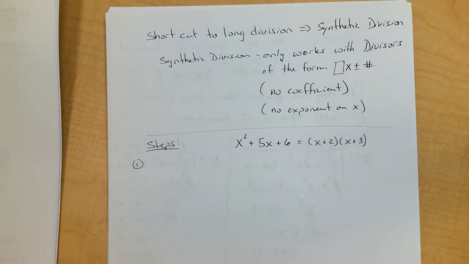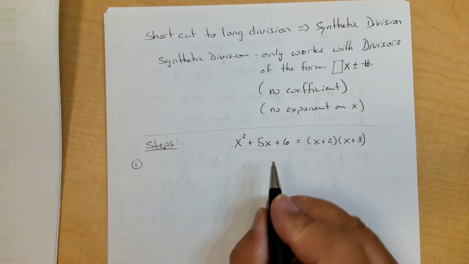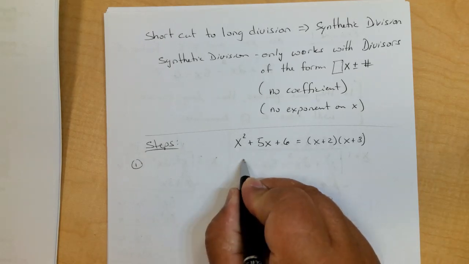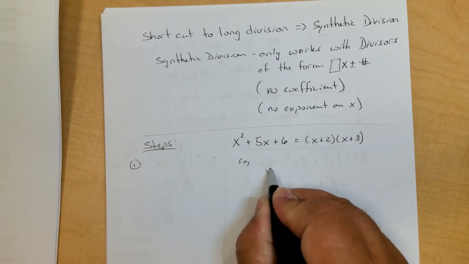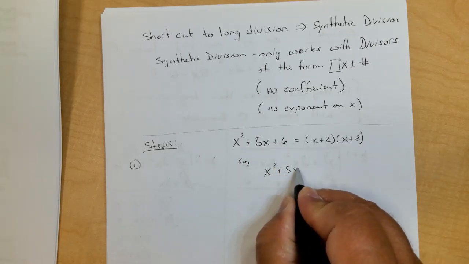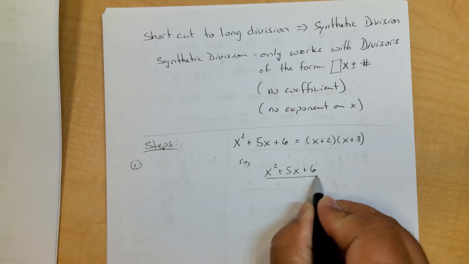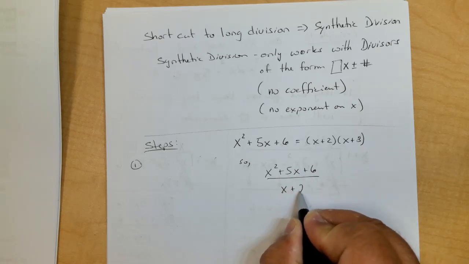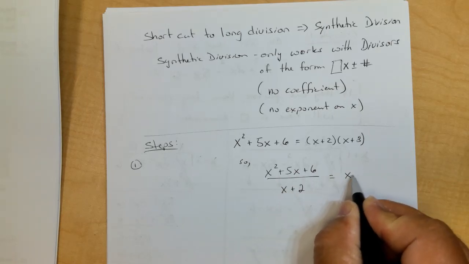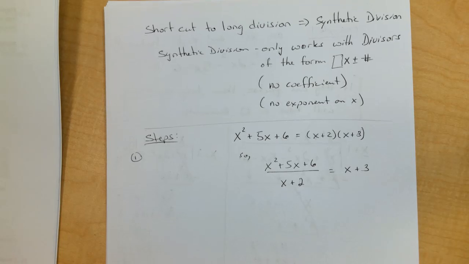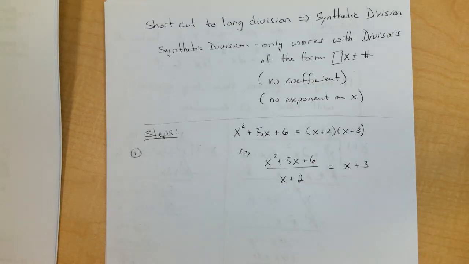We know this equation is true: x squared plus 5x plus 6 divided by x plus 2 has to equal x plus 3. In synthetic division, we don't use letters, only numbers.